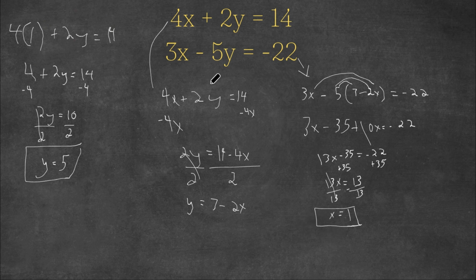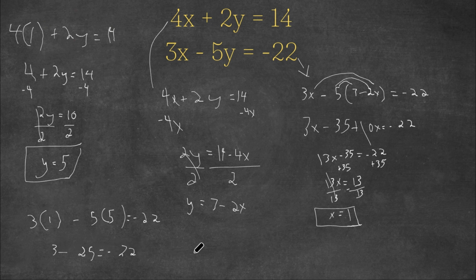So now what we're going to do to check our solution is we're going to plug these two into our second equation. So this would result in 3 times 1, because x is 1, minus 5 times y is 5 equals negative 22. 3 times 1 is 3, minus 5 times 5 is 25 equals negative 22.